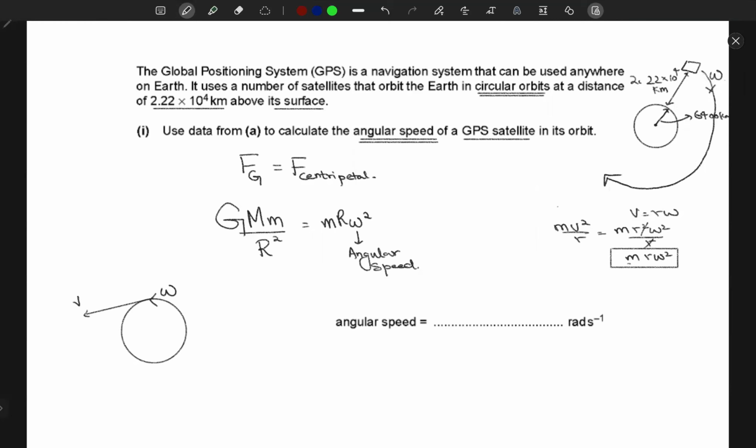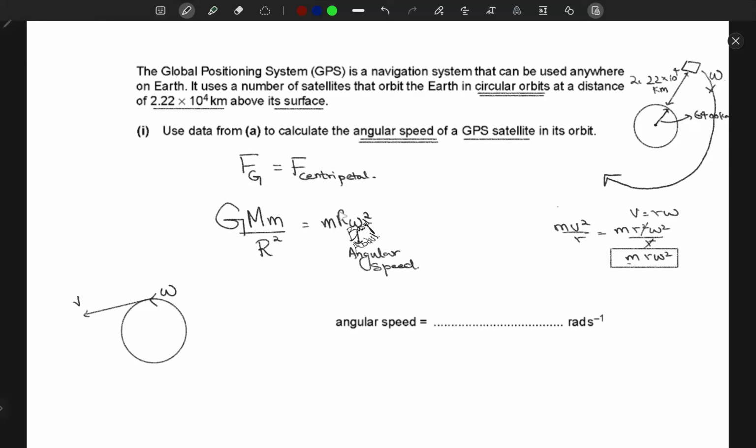There is a force of attraction between the satellite and the Earth, given by Newton's law of gravitation, F_g = GMm/r squared, where capital M is the mass of the planet, which produces the gravitational field, and small m is the mass of the satellite, which is in the vicinity of this gravitational field produced by Earth.